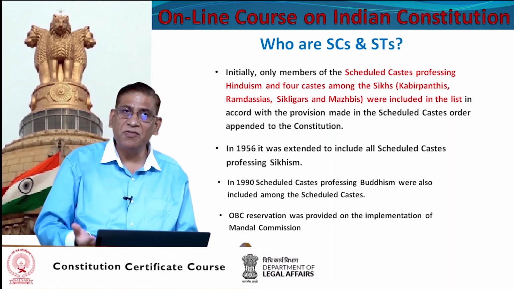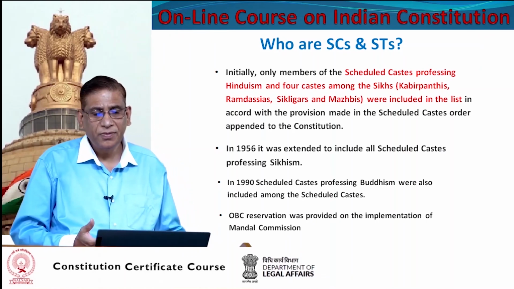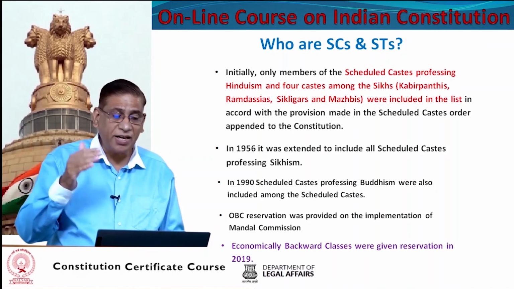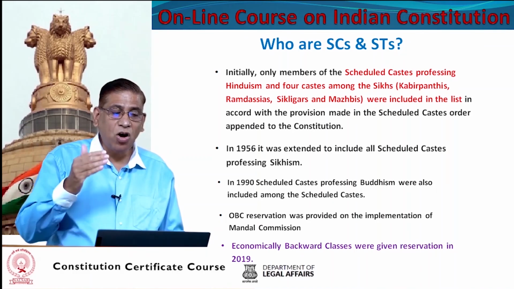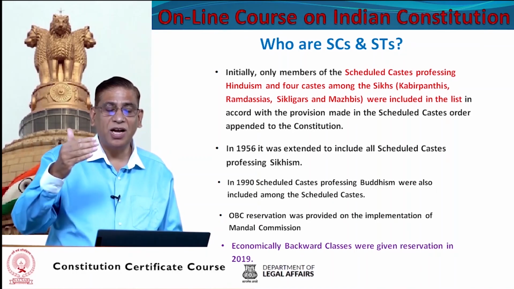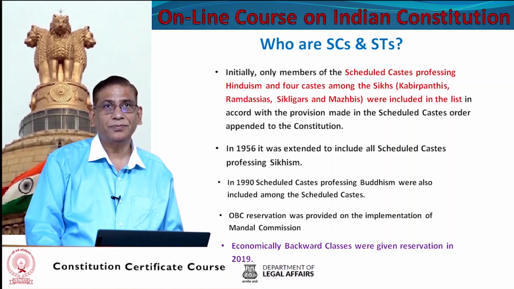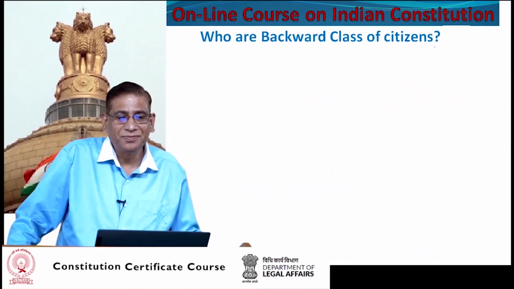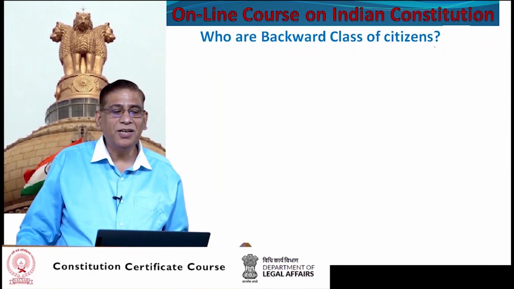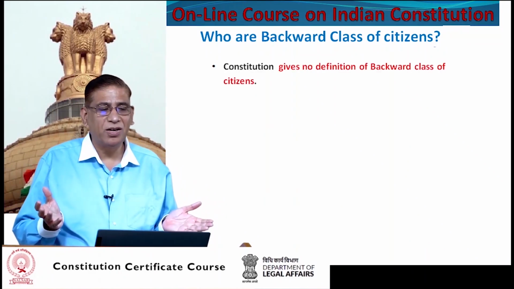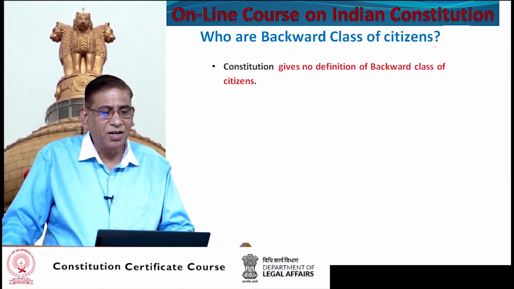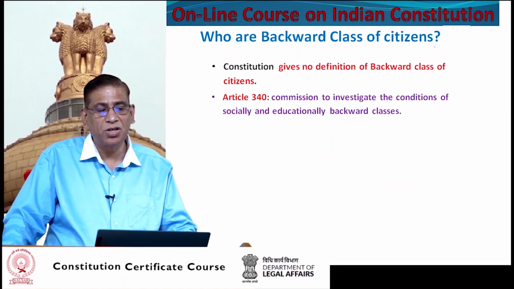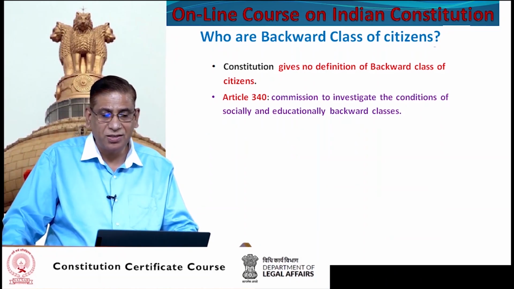Subsequently, OBC reservation was also provided when Mandal Commission was implemented. Then in 2019, economically backward classes were also given reservation. Who are backward classes of citizens? Constitution gives no definition of backward class of citizens. Article 340 talked of a commission to investigate conditions of socially and educationally backward classes.